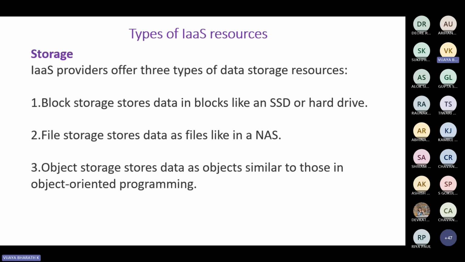File storage stores files in network attached storage devices. Object storage stores data as objects, like key value pairs.